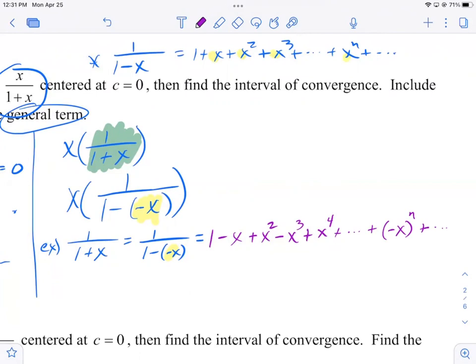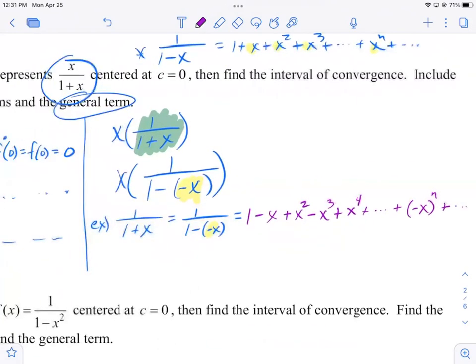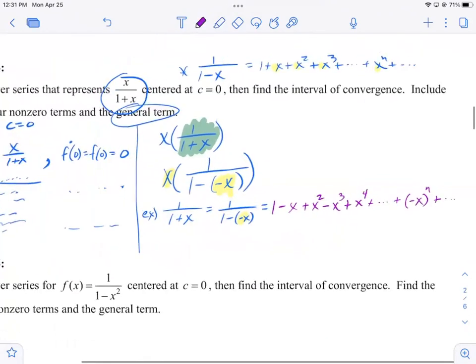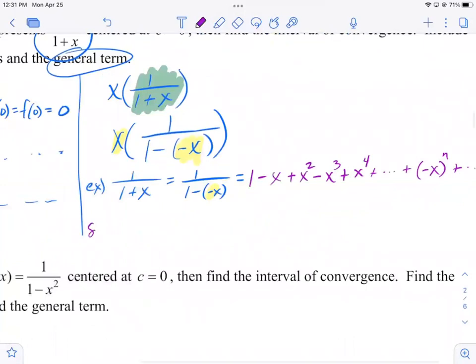Easy, right? But now to pick up with example 4, all I got to do now to get the function I want is multiply through by an x. So let's go ahead and say, so x over 1 plus x should equal, and just imagine distributing an x all the way through there. If I distribute an x all the way through, it's going to be x now minus x squared plus x cubed minus x to the 4th plus x to the 5th plus yada, yada, yada.